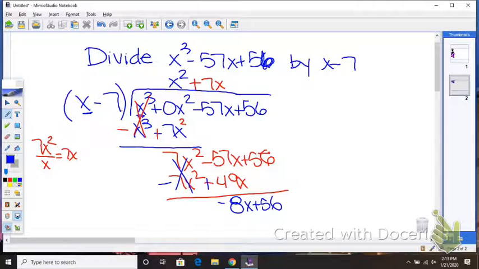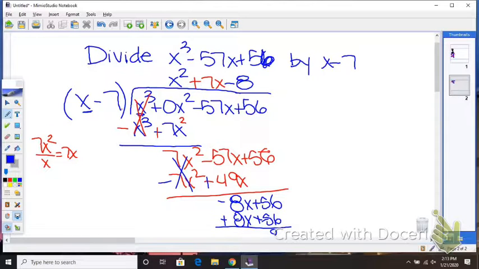So we're going to take negative 8x divided by x, and we get negative 8. Multiply that here, I get negative 8x plus 56. Change my signs, and what happens? And you're done. 0. So this is my answer.